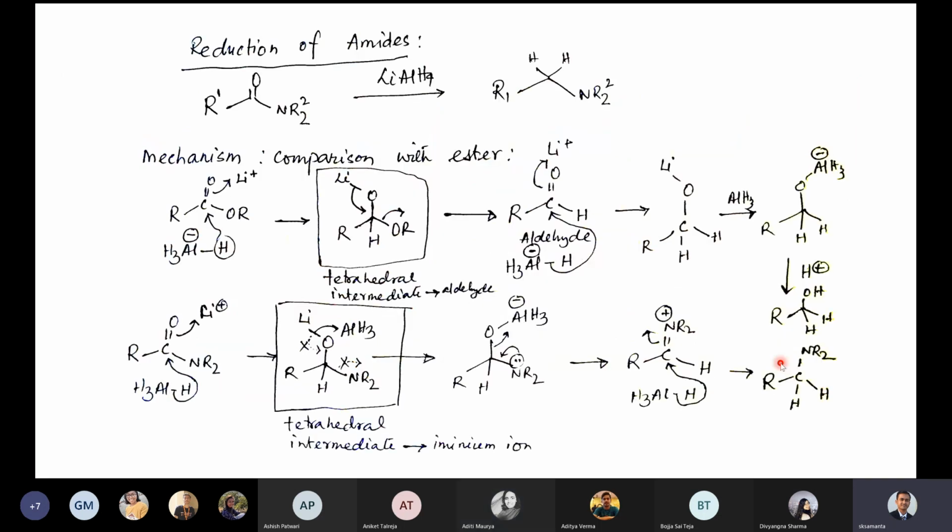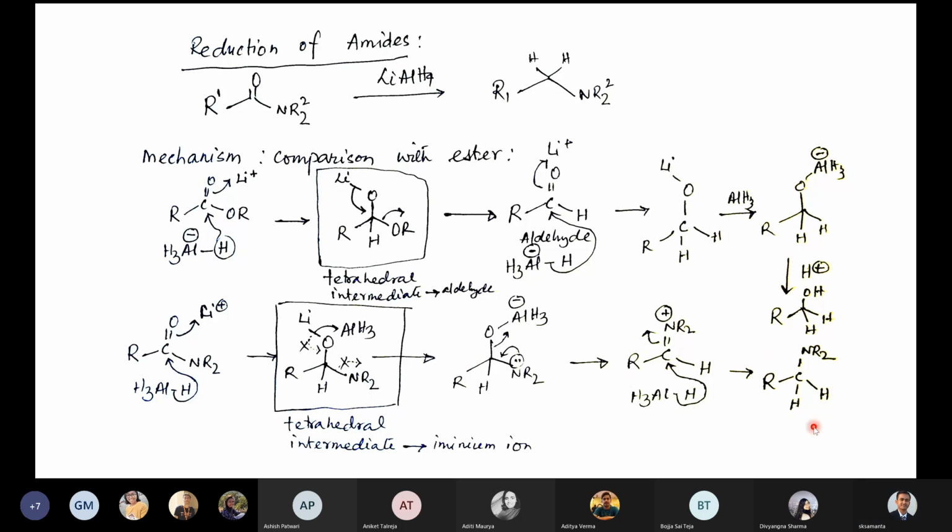So basically what I said, in this case, you just take this amide and you take lithium aluminum hydride and carry out the reaction until it finishes, until it ends up at this stage. So then you get the amine.